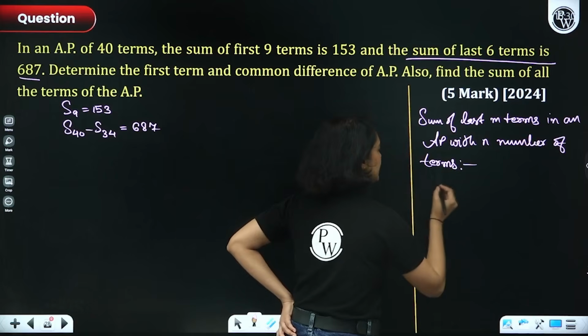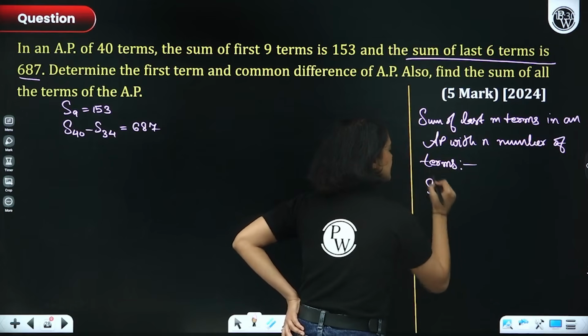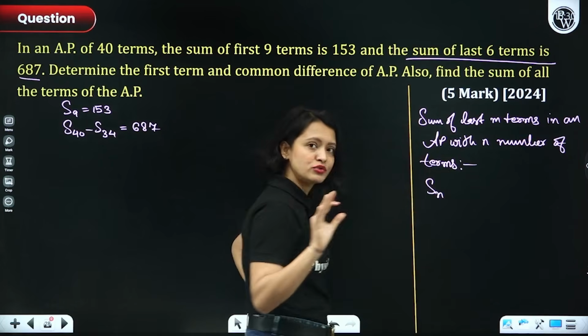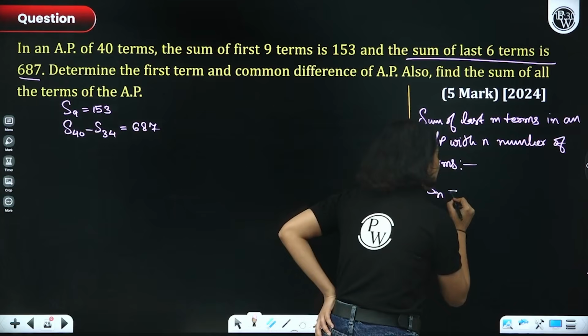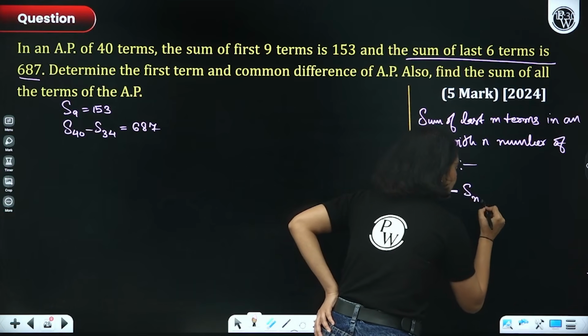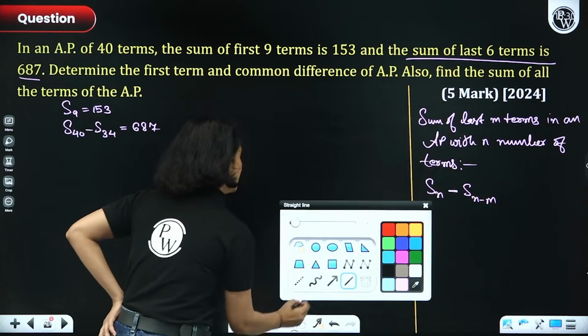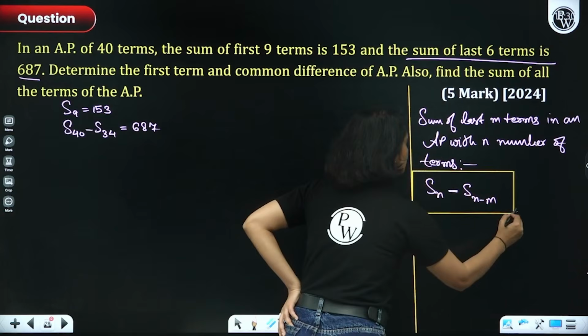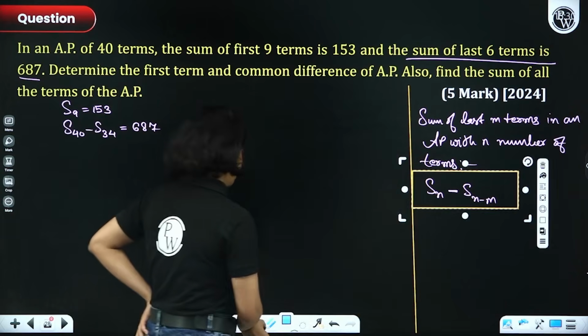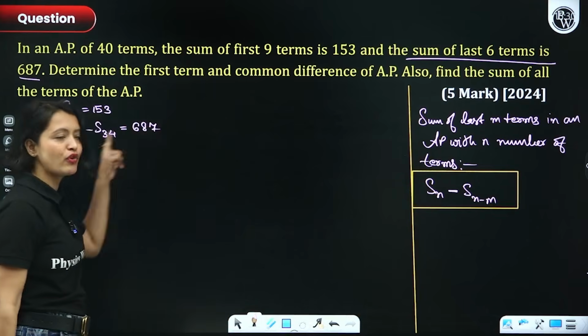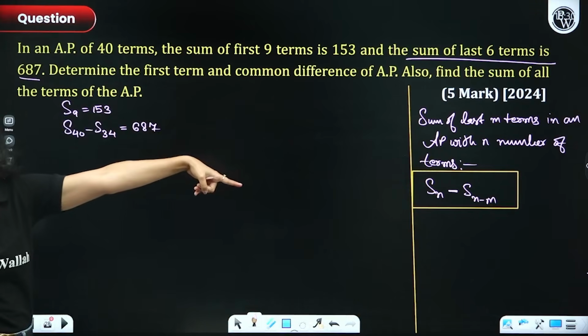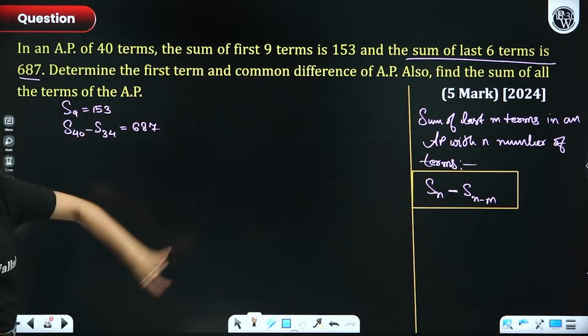I will write it like this: Sn, that means sum of all the terms of an AP, minus S of n minus m. This is super important. Please note it down. You can mug it up if you want. And we use just that, everyone: S40 minus S of 40 minus 6.